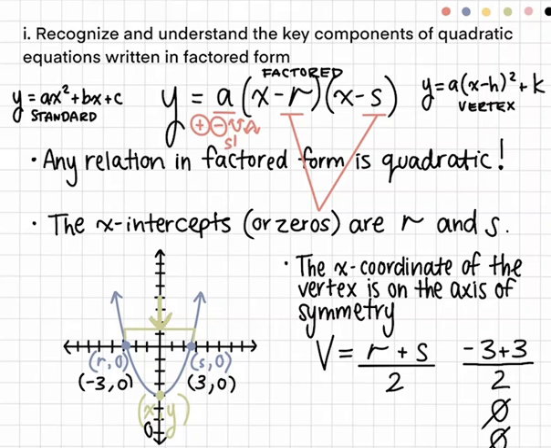A stretch or compression, right? So if you can look at factored form and identify that it's different than the other two and identify the components of it, then you're on the right track. I will make a separate video that talks about standard form, factored form, and vertex form all in one. Okay, so let's just focus on factored form for now.